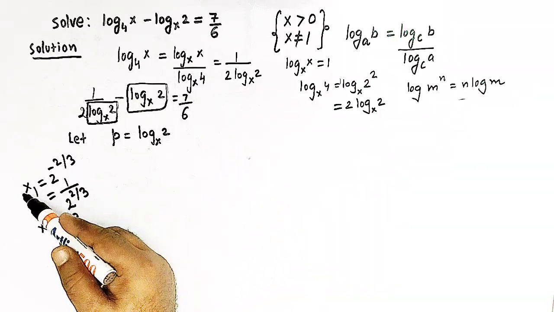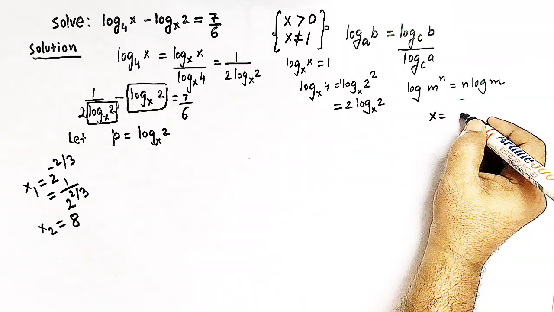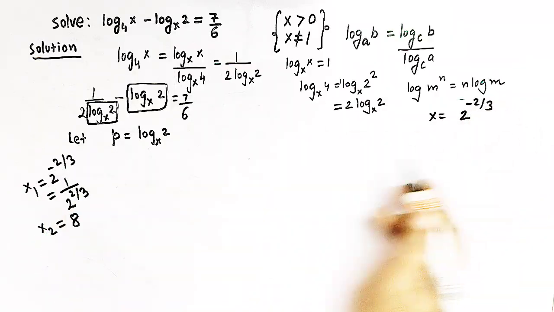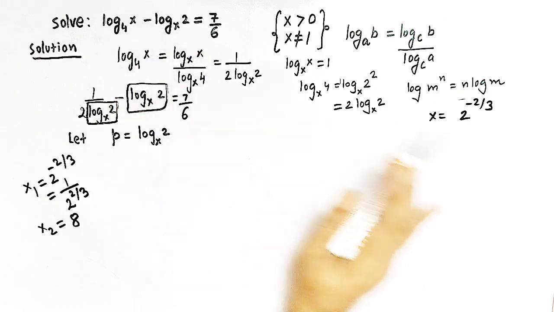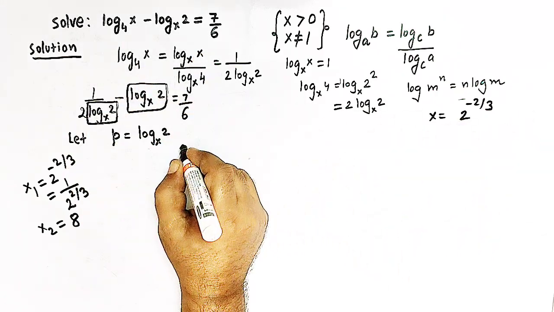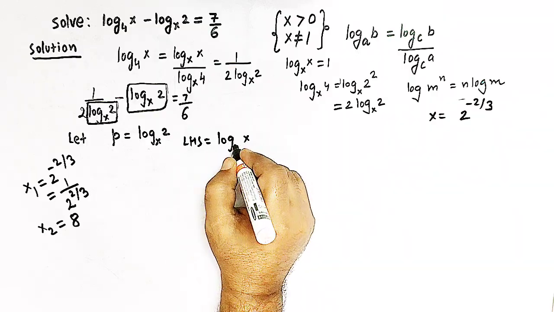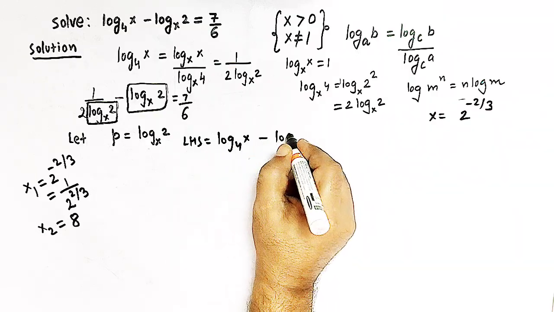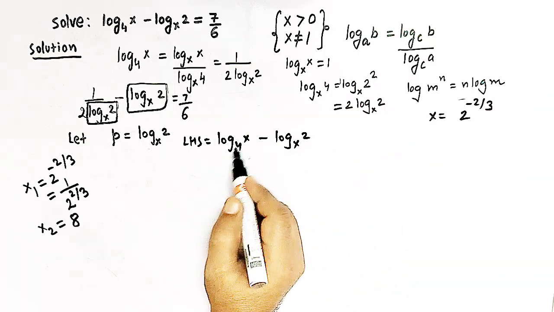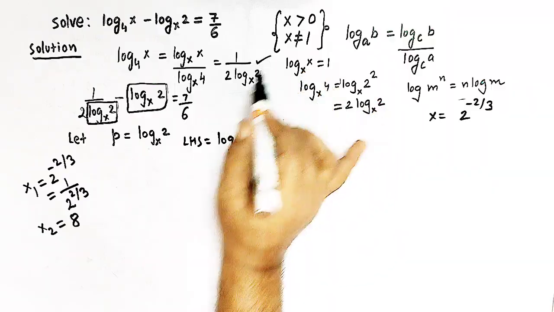So here the first value is that is x is equal to 2 raised to minus 2 over 3, and here we'll take this value in the left hand side. So the left hand side is log x to the base 4, then we have log 2 to the base x, right? So here what we will do, will make use of this result, right?